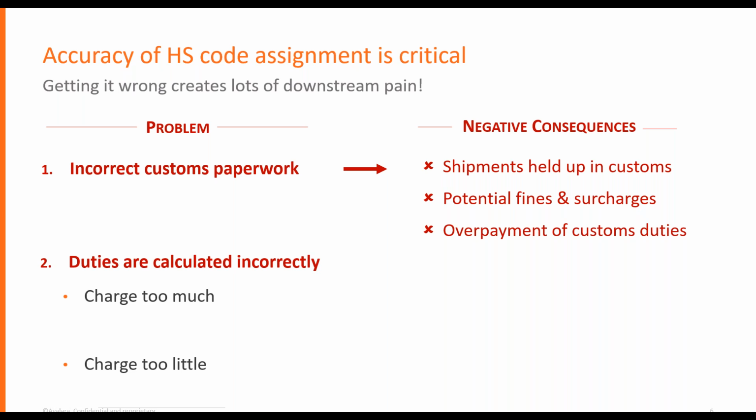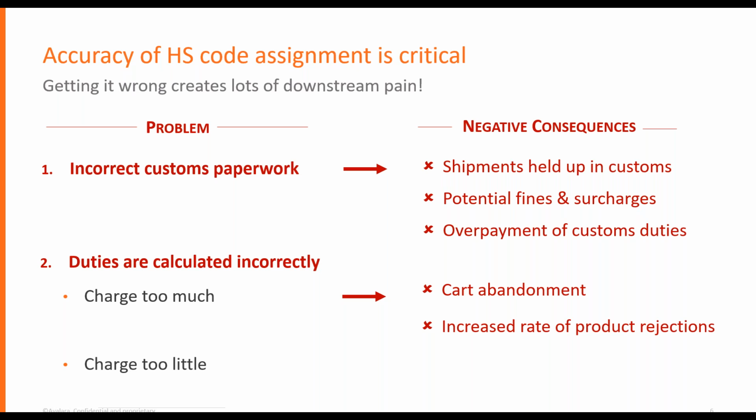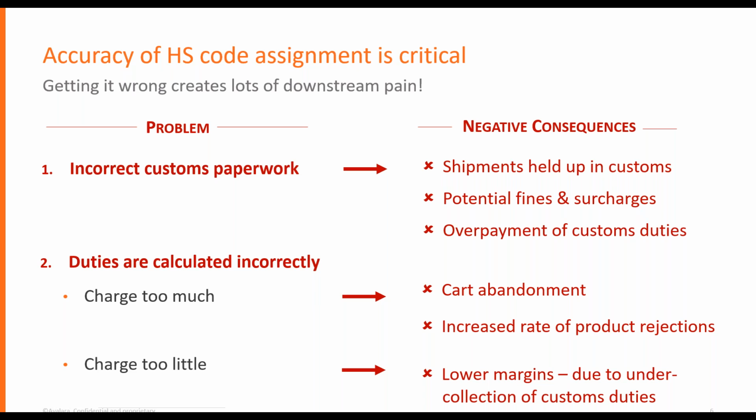If they're incorrectly calculated, too much or too little, again, either your customer's paying for that, you're paying for that overcharging, or if it's too little, then you're having to rectify that with the state directly. And again, causing a headache either for you or your customer, and potentially costing you more money.